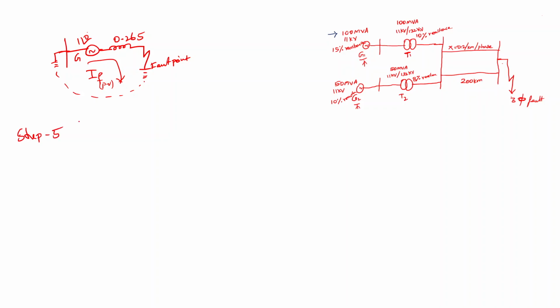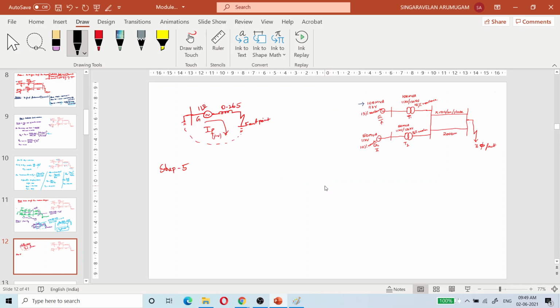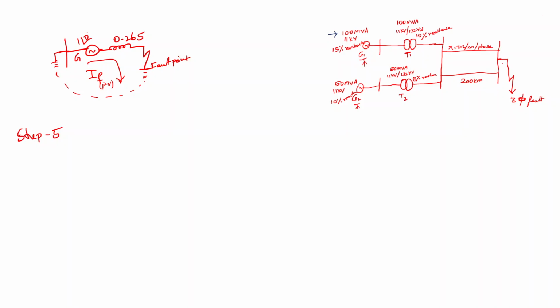Step 5. I think time is there still, right? Okay, time is there, we'll complete it. So step 5 is to calculate IF per unit. What is the formula for fault current?